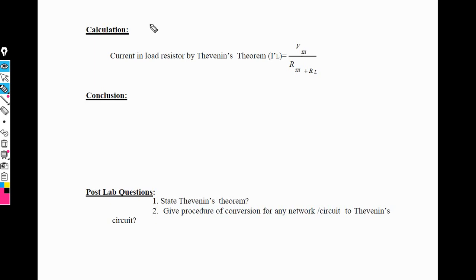Finally, we conclude that we have to find Thevenin's voltage VTH and RTH, that is Thevenin's equivalent voltage and Thevenin's equivalent resistance. This is the final conclusion.